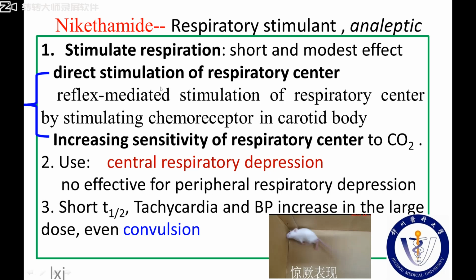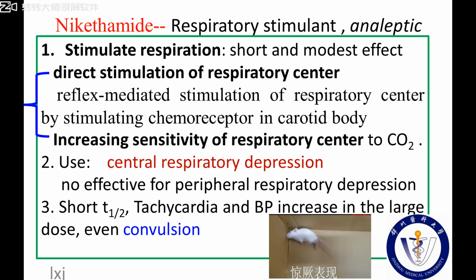So when you have the experiment with morphine to observe the respiratory depression caused by morphine, and then you administer nicotinamide to save the rabbit's life, at that time your teacher will tell you, don't inject nicotinamide to the rabbit too fast.